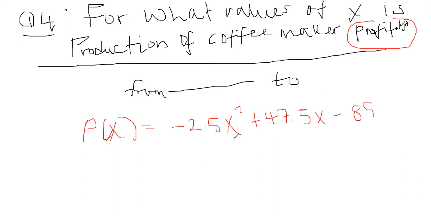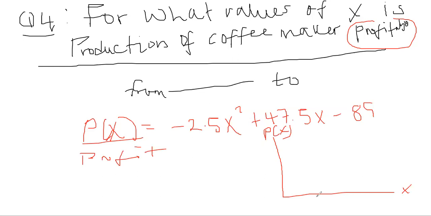So obviously, let's visualize it. x, we have it here. Then the profit, the profit function, is here. So the question is asking you, on this number line here, which runs from positive, is between here. We know that we cannot have a negative quantity, so this is out of it.